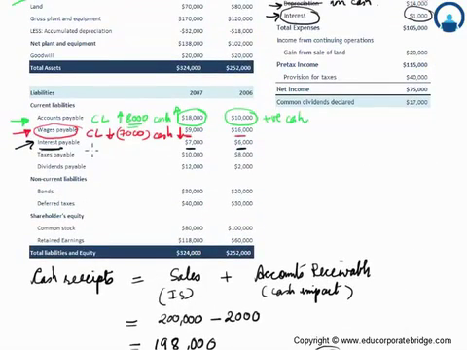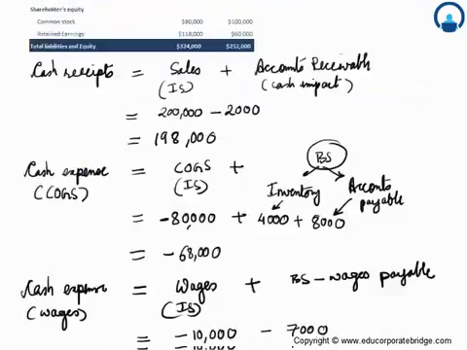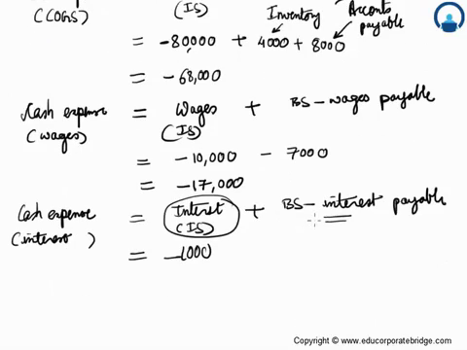Balance sheet, here we see that the current liability which is related to the interest payable has increased by 1,000. So this would mean that cash has come into the system. 6,000 to 7,000 there is an increase in liability. An increase in liability is treated as a cash inflow. So corresponding to this balance sheet interest payable, the cash impact would be plus 1,000, that is cash inflow. So cash expense related to interest is 0 here.